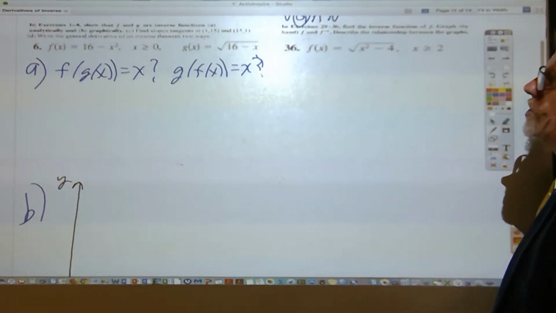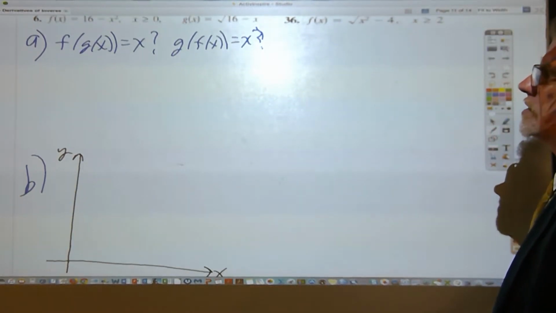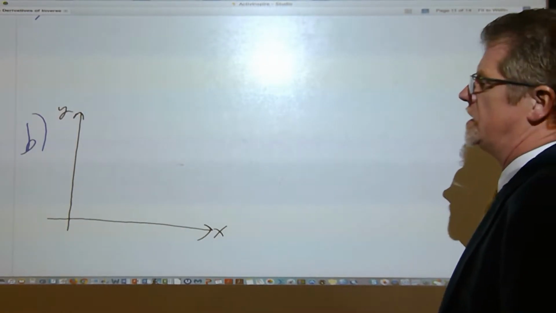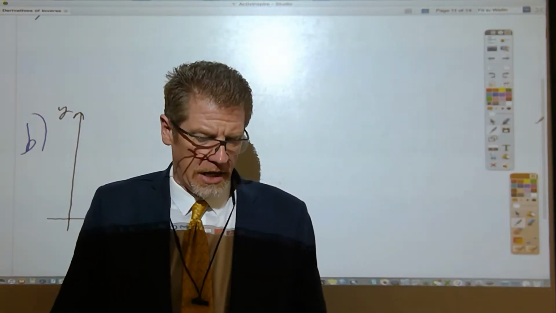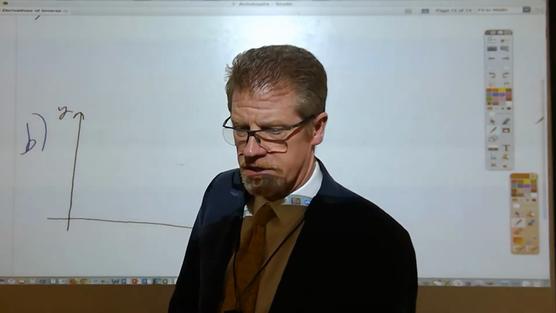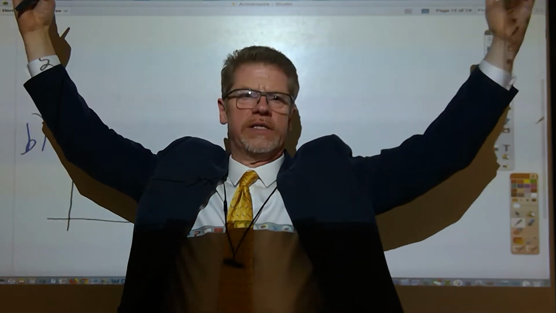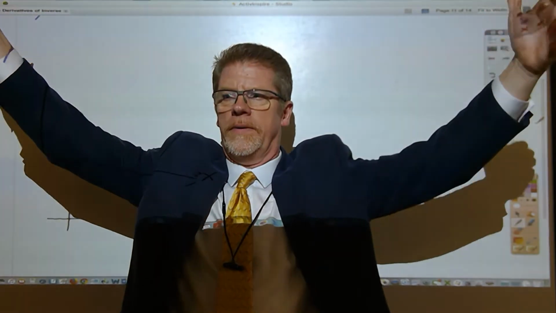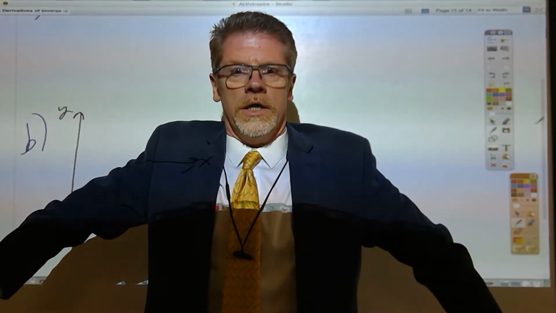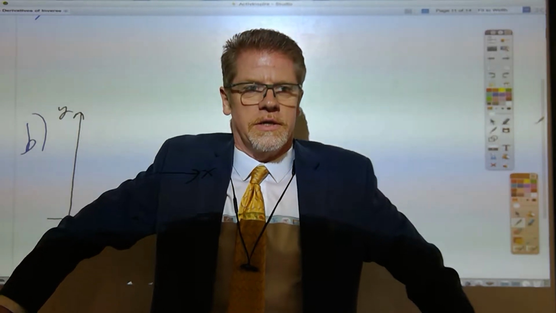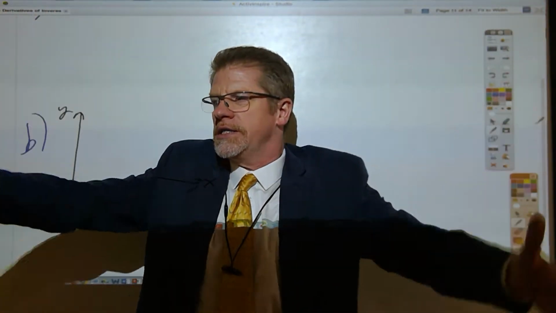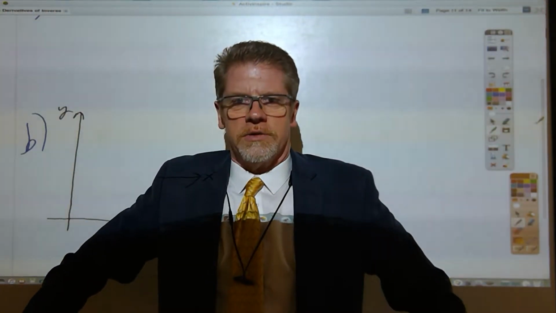Notice the equation for f of x is 16 minus x squared with a restriction on the domain, x is greater than or equal to 0. Now, check out my arms. They're going to represent graphs. I'm not going to make you stand up and do the dance, but this is x squared, negative x squared, and then negative x squared plus 16.